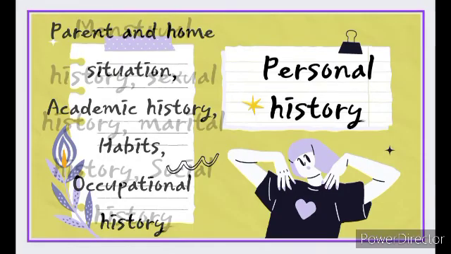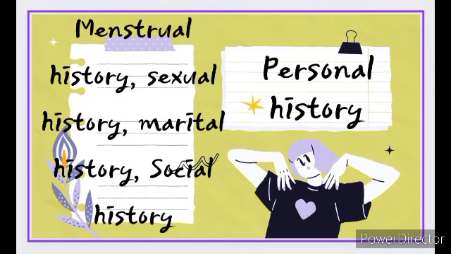After that, menstrual history, we know this is a general thing. Sexual history is also a general thing. Marital history, if the person is married or not. Social history is like if the person has any friends, if she is engaged with them, gives them parties, or attends parties, or enjoys with them, and they have cohesiveness within their group.